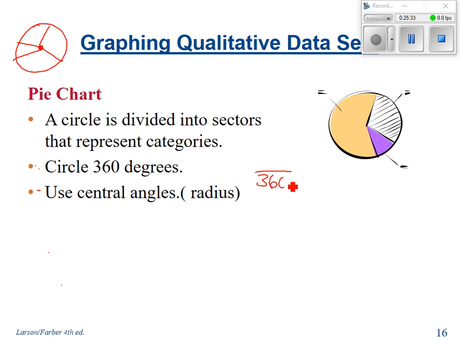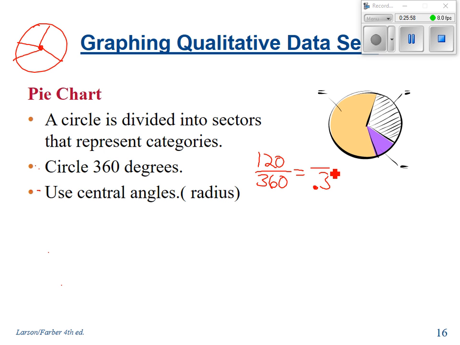There are two different ways you could do this depending on the information you're given. If we knew that this angle right here was 120, then we just change that to a decimal, which is 0.3 repeating, and you take that times whatever to figure out your stuff.